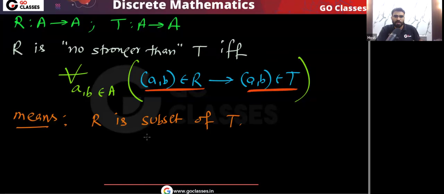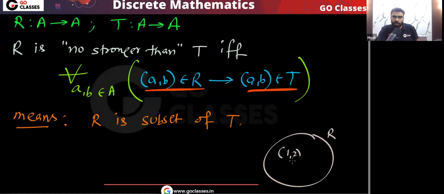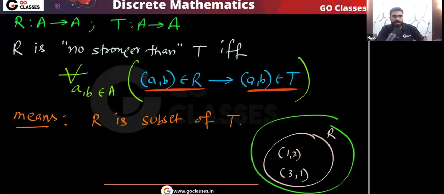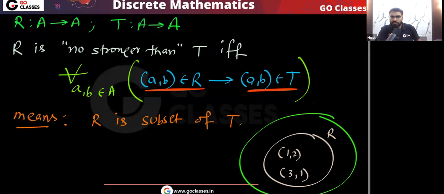Let me know. For example, let's assume this ordered pair belongs to R, or maybe this ordered pair belongs to R, then that ordered pair also belongs to T. So ultimately, this simply means that R is a subset of T.